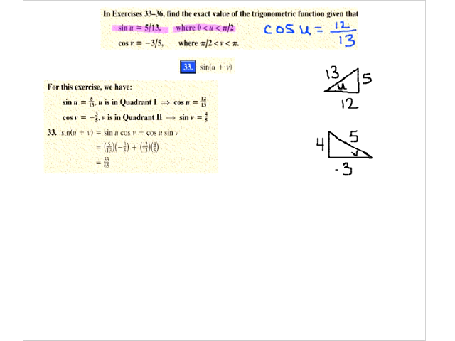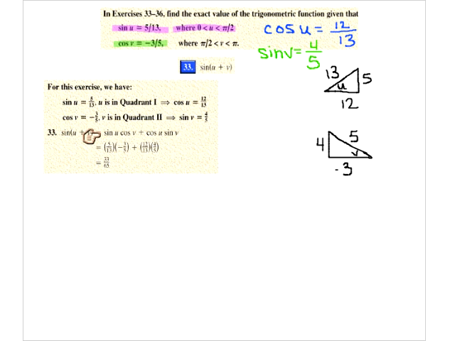For my second piece of information, if I know that cosine of v in the second quadrant is -3/5, I can draw my right triangle out. I know the missing side is 4, so sine of v, because I'm going to need this, is opposite over hypotenuse, so 4/5.